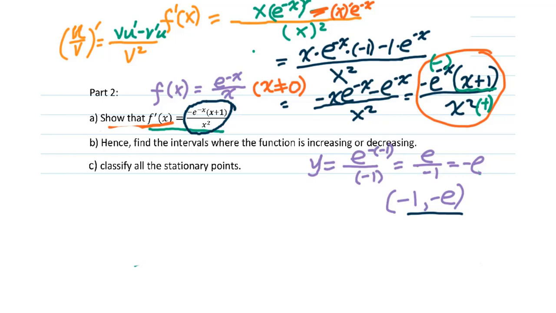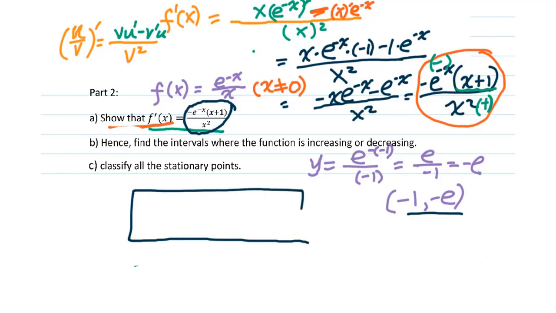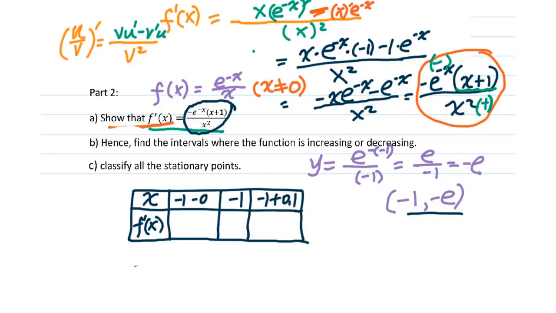To classify a stationary point, what you need to do is this. We will create a table. So you have x and f prime of x. Then here I have -1 minus 0.1, -1, and -1 plus 0.1. Here I have a 0.